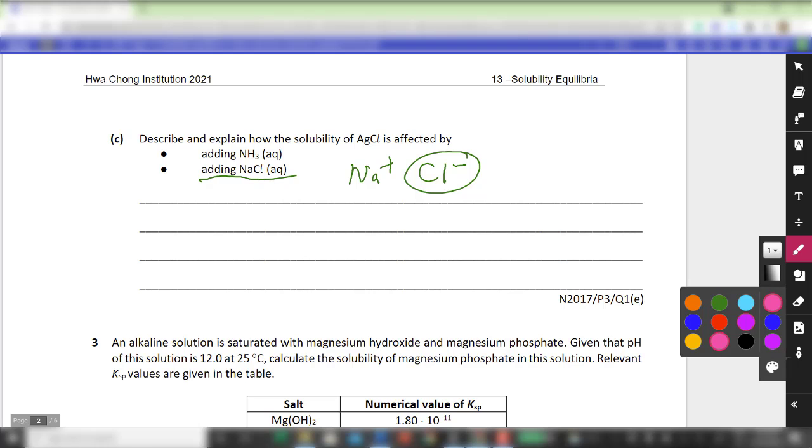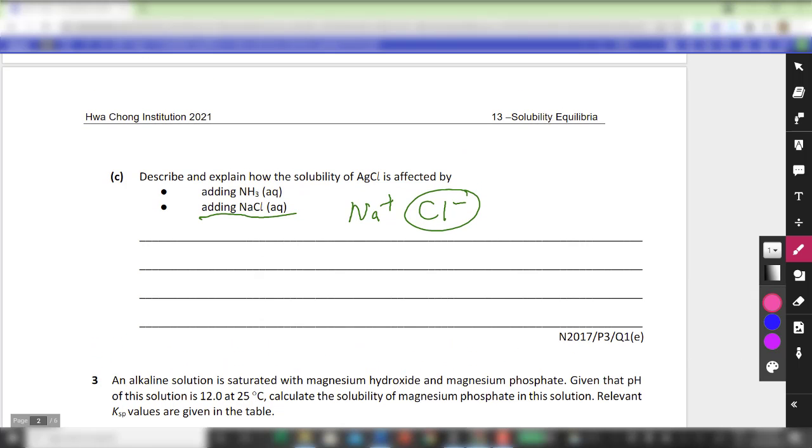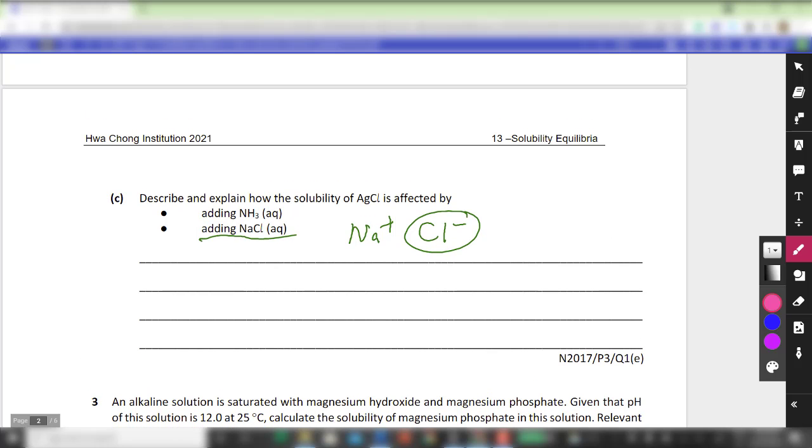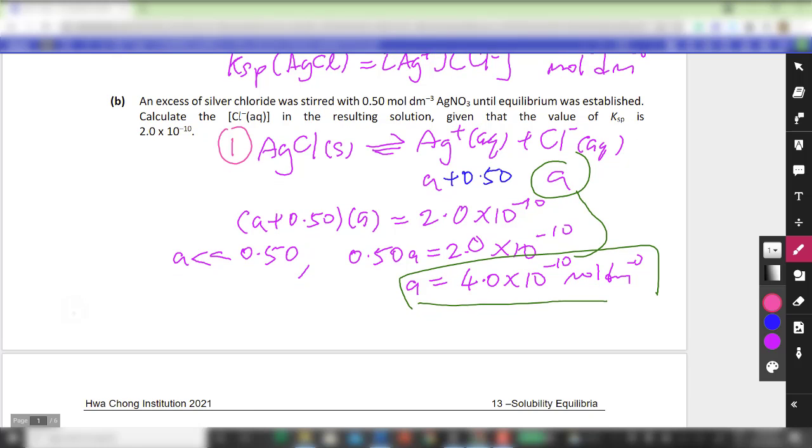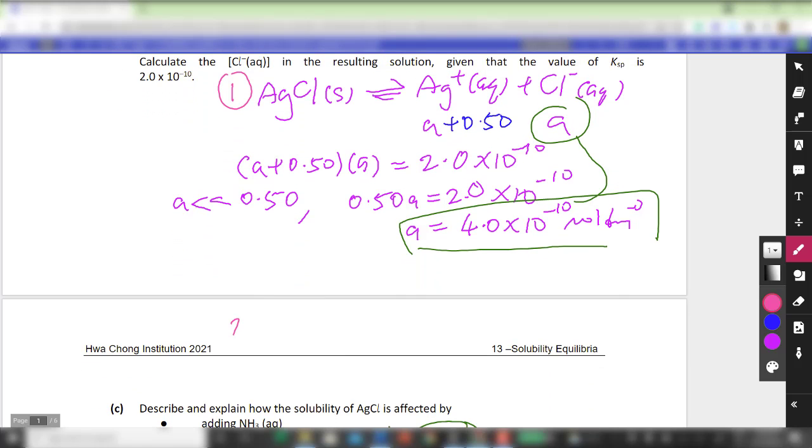I think the story is quite similar because of complex formation. If you look at this particular expression, let's call this equilibrium 1. We're going to have another equilibrium operating, which I will call equilibrium 2, when silver plus aqueous reacts with two ammonia molecules.